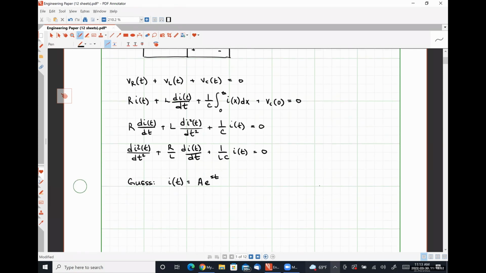So if we substitute this guess value into our KVL equation, what we find is that we have s squared A e to the st plus R over L times s A e to the st plus 1 over LC times A e to the st is equal to 0.